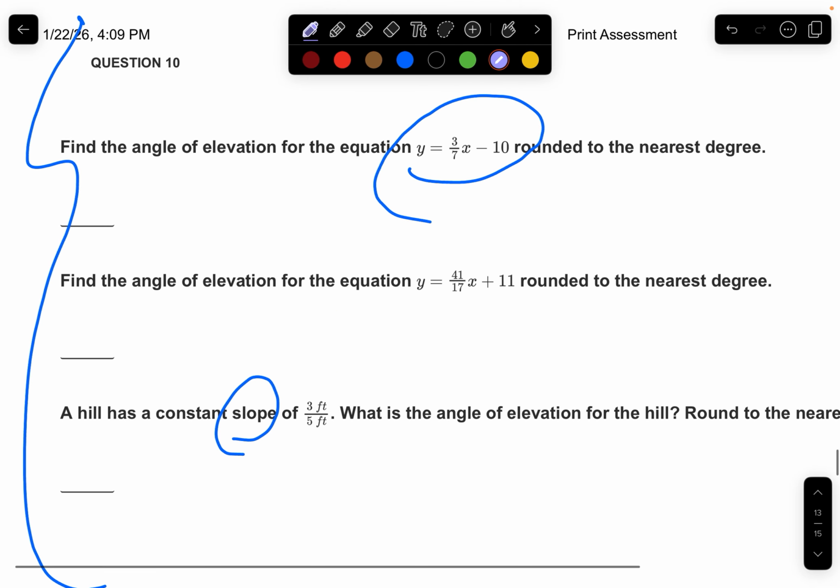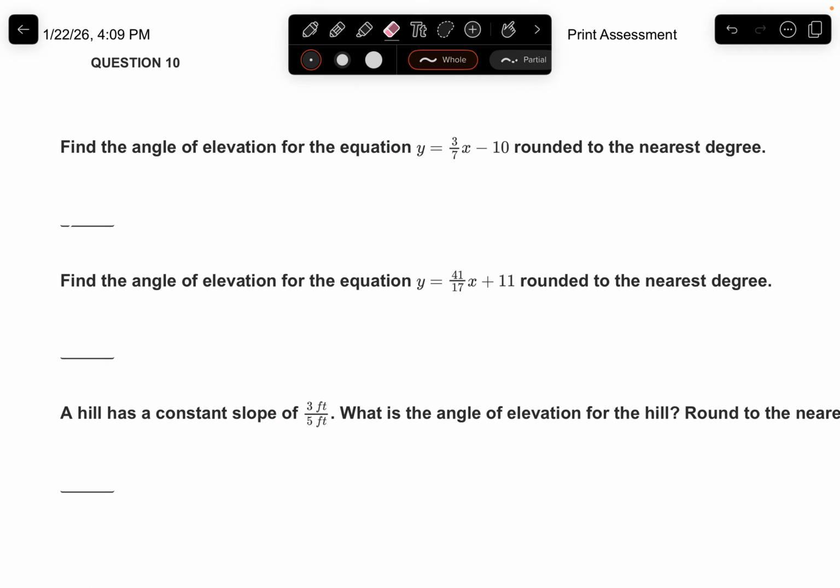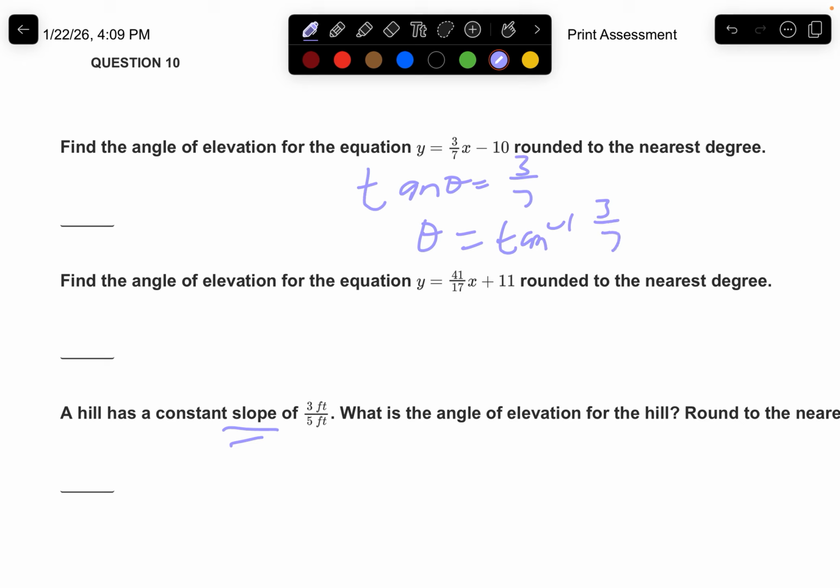All right, so real quick, let's just answer these questions. Like on the test, guys, if it mentions slope at all, I don't care how hard the question seems, if it mentions slope, you're doing inverse tangent of the slope. Here, tangent theta equals 3/7, so theta equals inverse tangent 3/7. Type that in real quick, and I get 23 degrees.